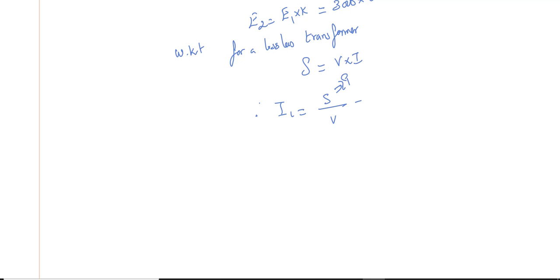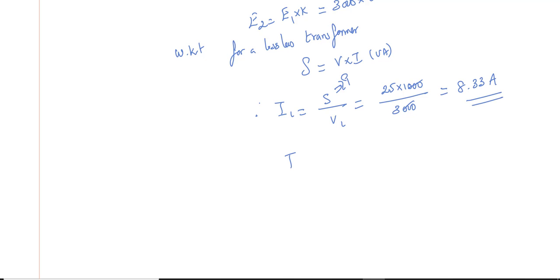So, 25 kVA means 25 into 1000 VA, divided by V1, 3000. The 3000 will be cancelled, so 25 by 3 gives 8.33 amps. So, this is the I1 value.